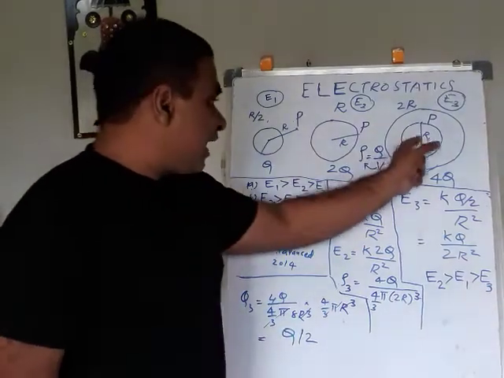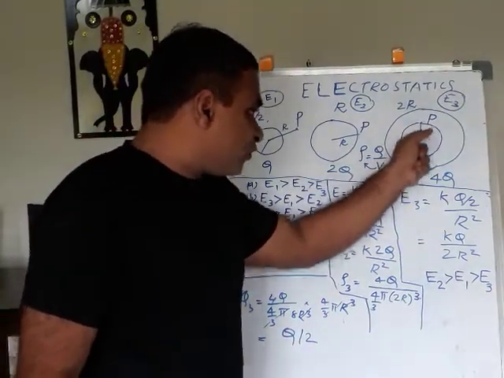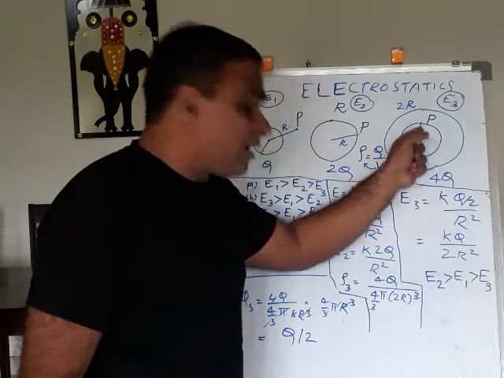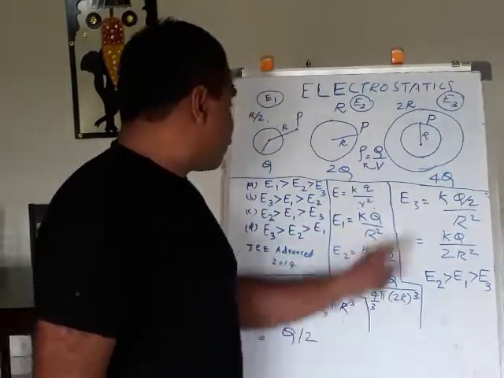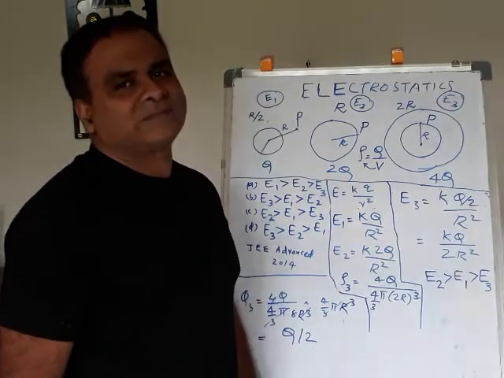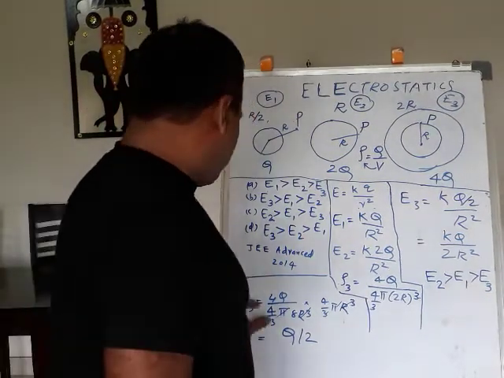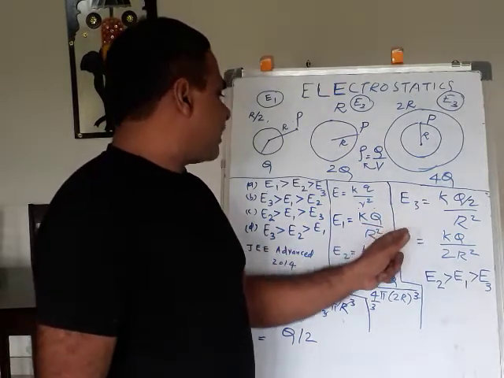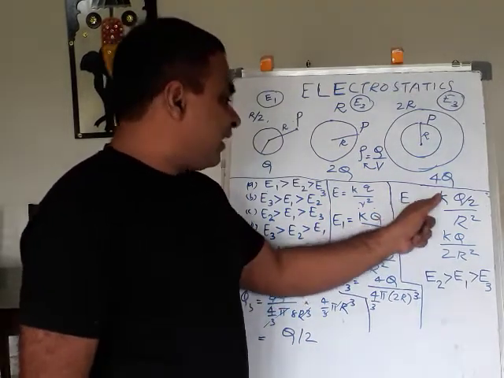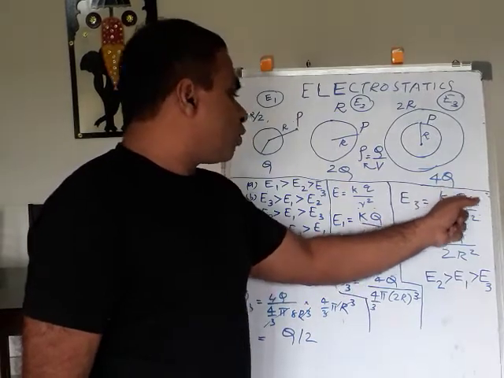So the charge enclosed by the inside sphere, that is the dielectric sphere which contains the point P, is only Q by 2, not 4Q. Then we can calculate E3. E3 is equal to K into Q by 2.